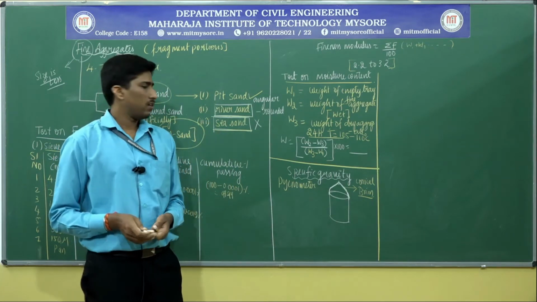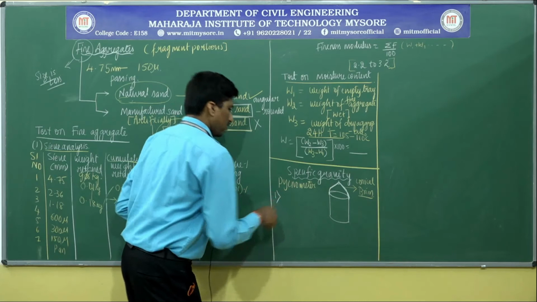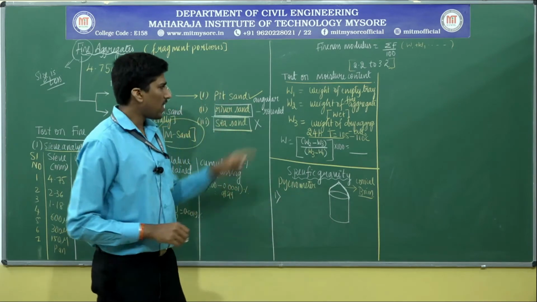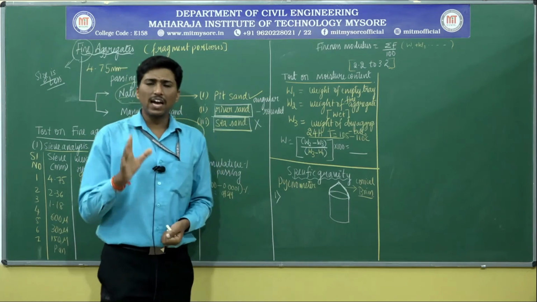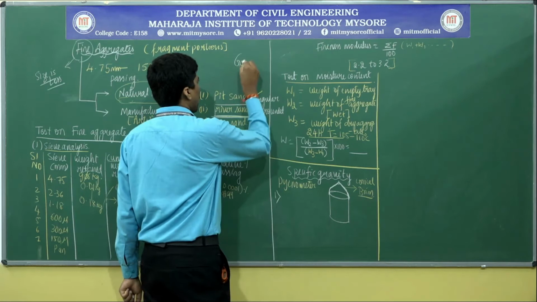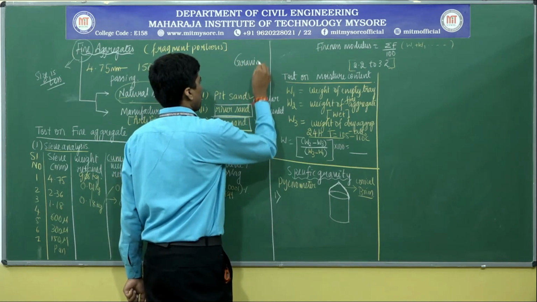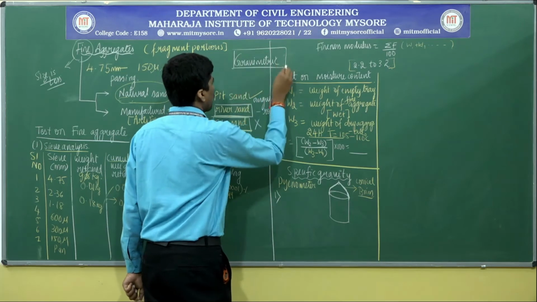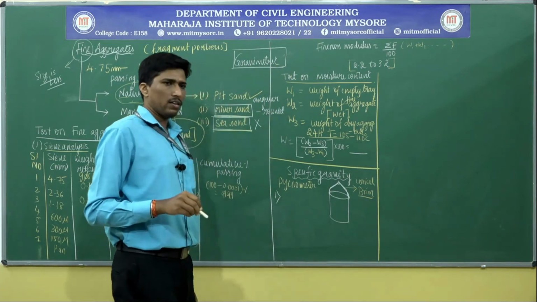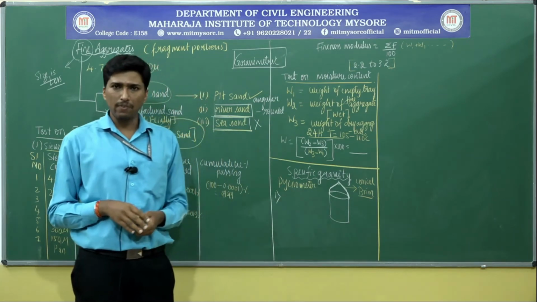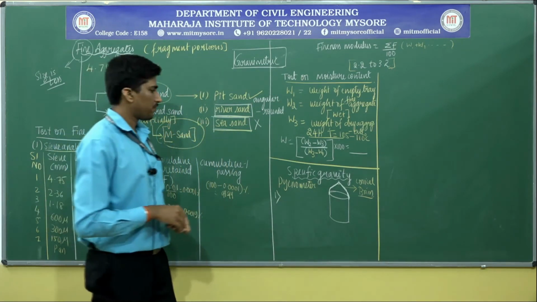First, weigh the empty pycnometer. This kind of analysis we call a gravimetric analysis, where you take the sample and determine the ranges.